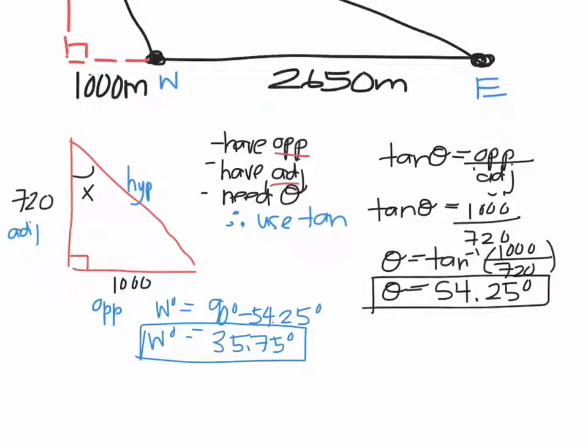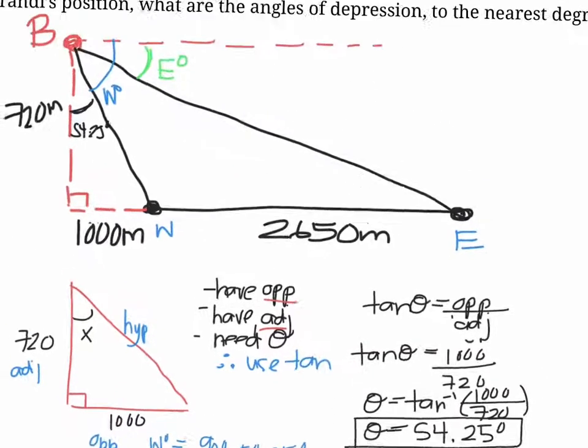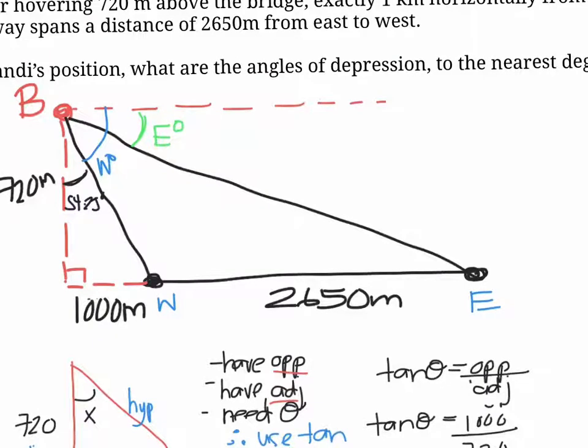How about our angle to the east end of the bridge? So we now know this one here, we know this one here, but that doesn't really help us find this one. We need another right angle triangle to help us find this, and we have one. There's a second hidden right angle triangle.